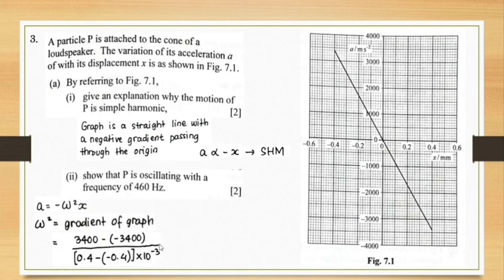Then the gradient of the graph, or omega squared, is equal to 8.5 times 10 to the 6. So omega is equal to the square root of that, which is equal to 2,915 radians per second, and omega is 2 pi f, so f is equal to omega over 2 pi. That's why frequency can be calculated as 460 hertz.